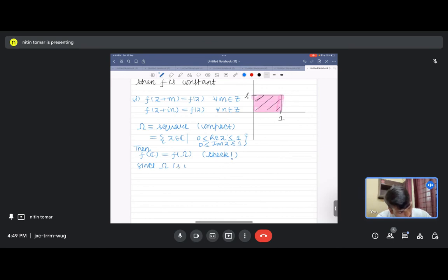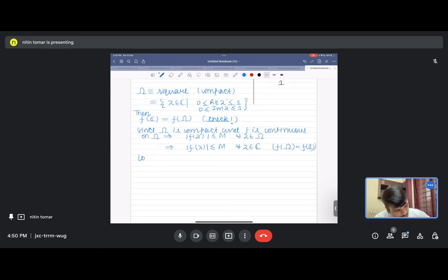Since omega is compact and f is continuous on omega, because it is entire, therefore f is bounded for all z in omega. Because f of omega is the same as f of C, this fact gives us that mod f of z is less than M for all z in C, right?